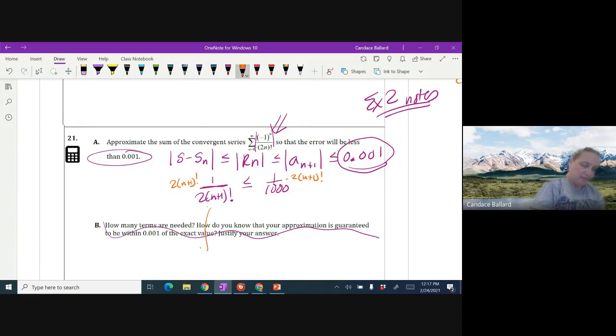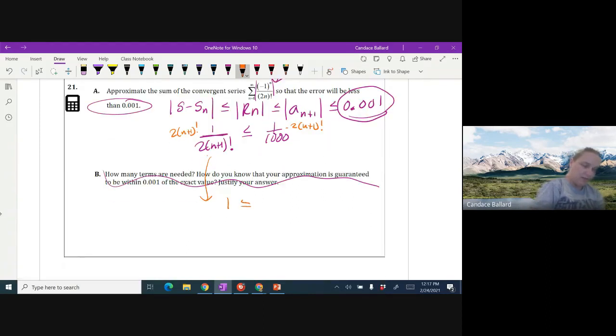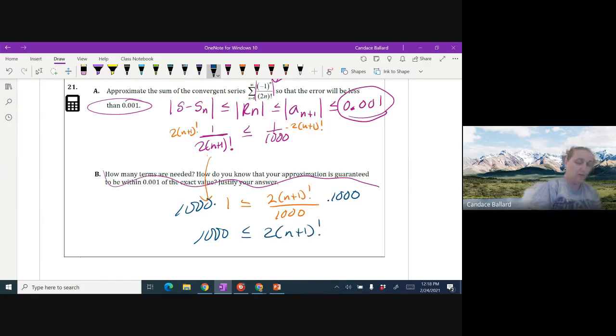That gives me 1 less than or equal to 2n plus 1 factorial over 1,000. Then I multiply both sides by 1,000, so I get 1,000 less than or equal to 2n plus 1 factorial.